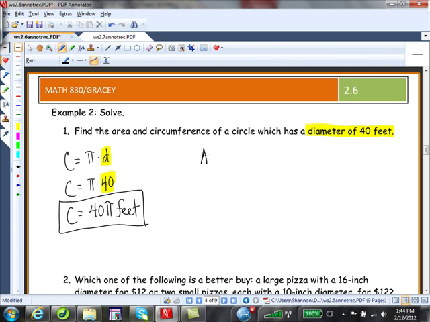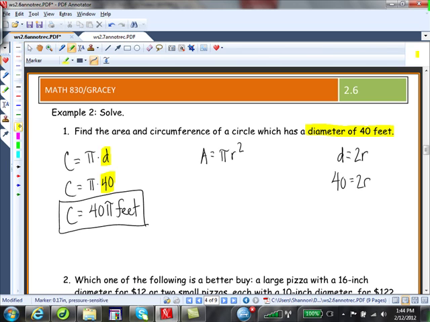Alright, so the area of a circle, remember, is pi r squared, but we don't have r. So how are we going to figure out what r is? Remember, wasn't the diameter double the radius? And don't we know that the diameter is 40?